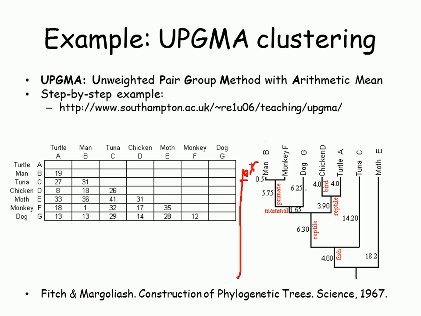So once I merge man and monkey, I need to go back to my matrix and update all the distances. And in this example, I'm using the average distance definition, where the distance between clusters is defined as the average distance between all pairs. So I will take man and monkey, remove it from the matrix.